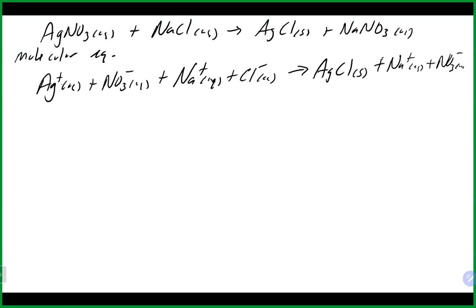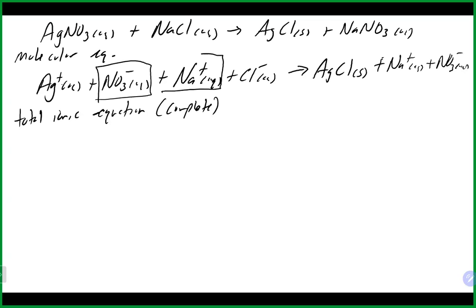And this equation is sometimes referred to as the total ionic equation, or complete ionic equation. And in this equation, we can find our spectator ions, which are the guys that really are not doing anything but balancing out charges. They are not basically forming the product. These guys here would be our spectator ions.